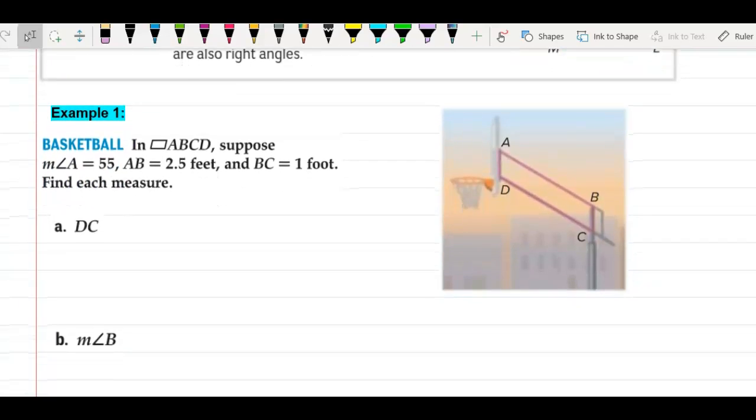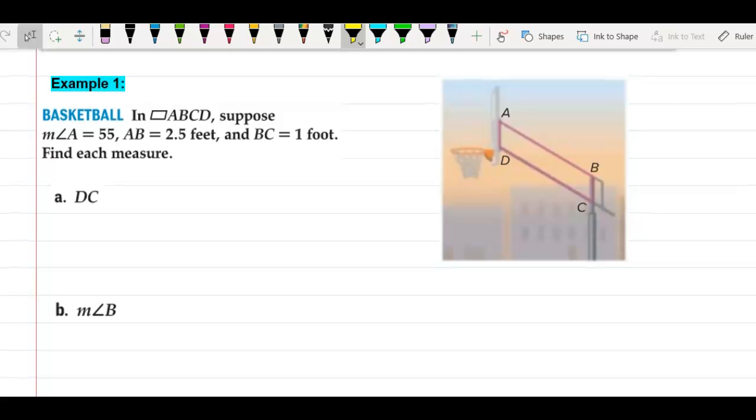So we're just going to jump right into an example. There's a lot in this video, so I want to keep moving so it doesn't get to be like a half-hour video. That would be kind of long. So let's label this as we go. Angle A is 55. That's hard to see.